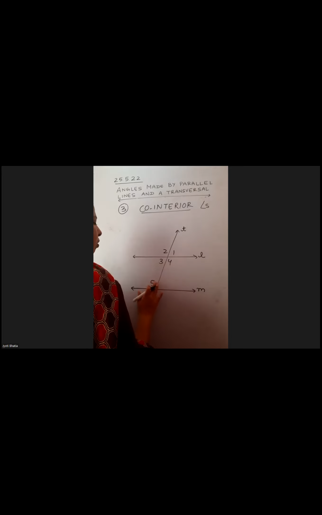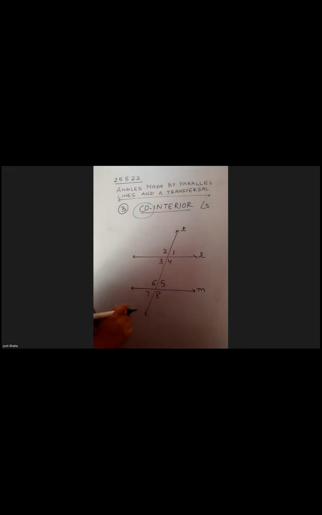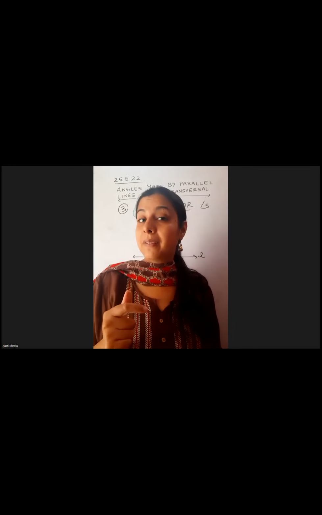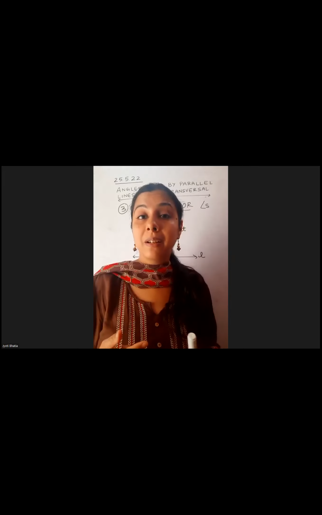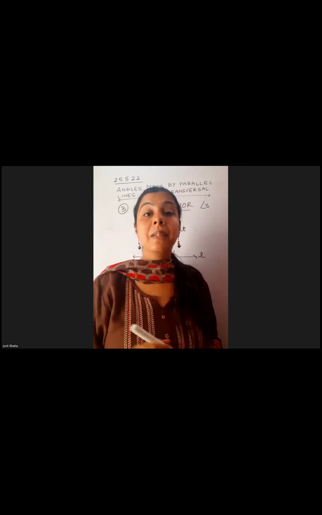What is the meaning of co? Prefix. It's a prefix I explained earlier also. We did coincident. Two children having the same pizza in the tiffin. So co means same.